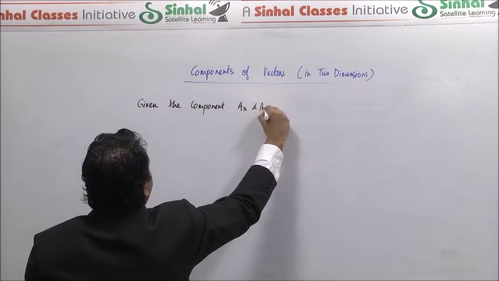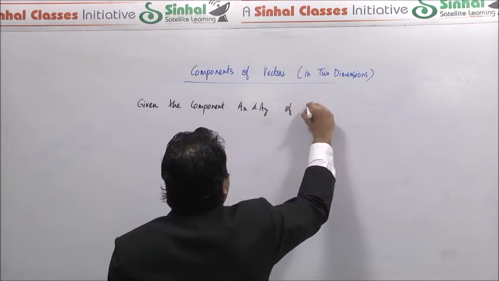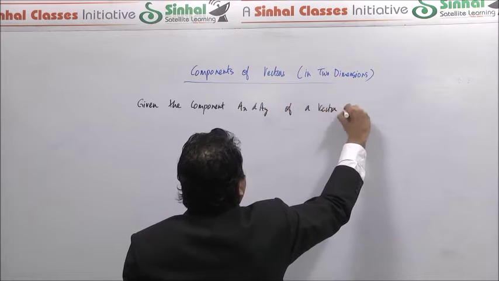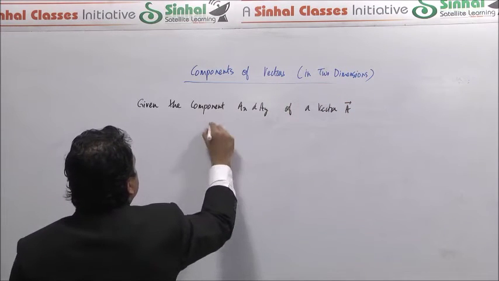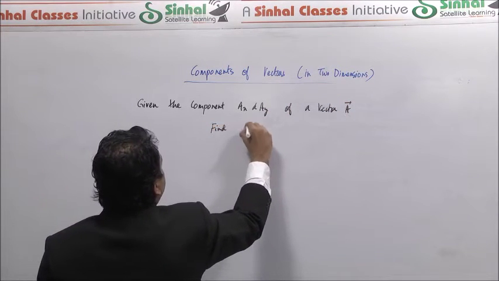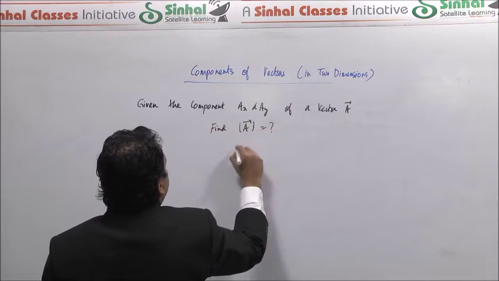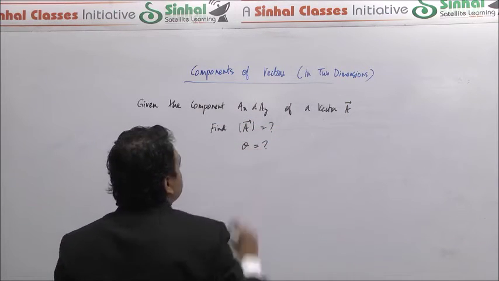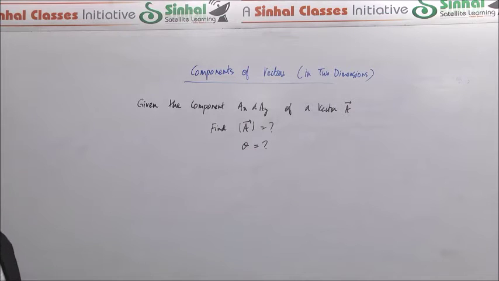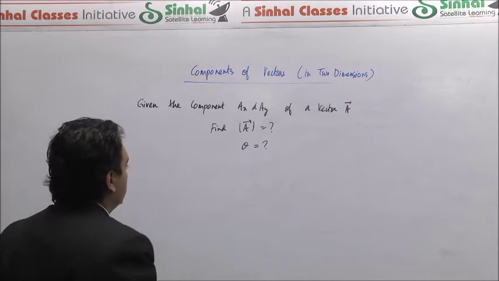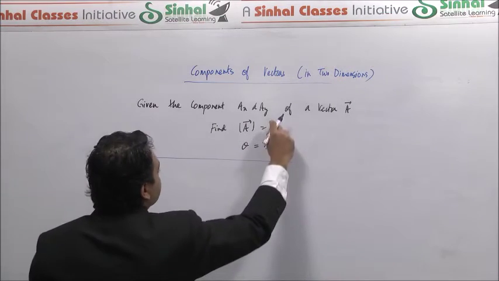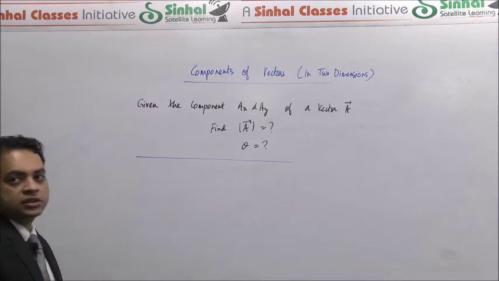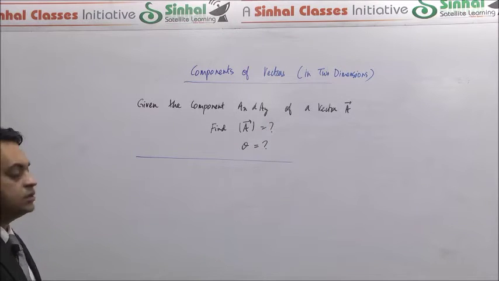How would we express the magnitude of the vector, and the angle that it makes with the x-axis? This is like a reverse of the problem we have discussed earlier, that given the vector A, how to find out its components. Now given its components, how to find out its magnitude and direction.